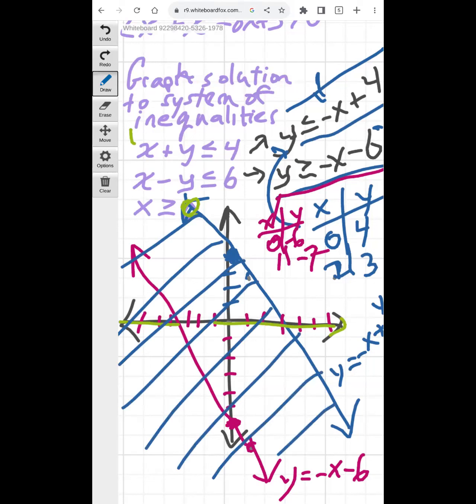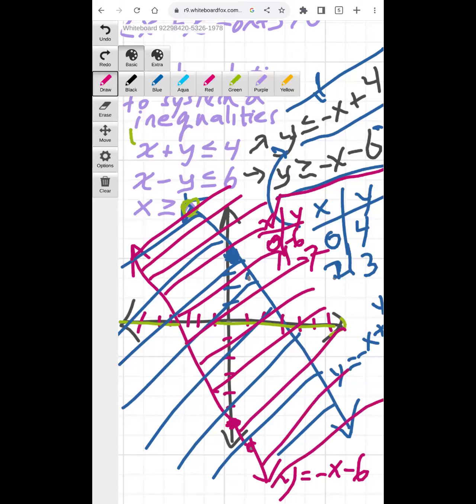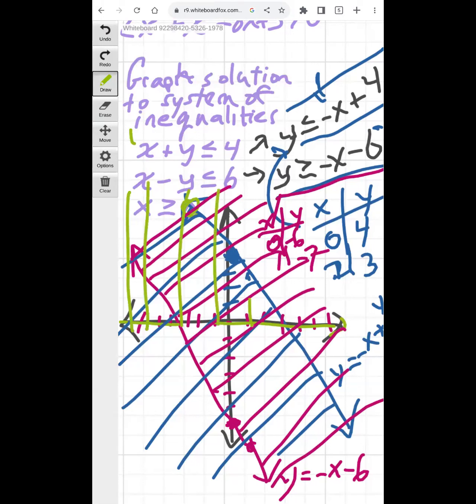And then the next inequality we did in red, and we had y is greater than or equal to negative x minus 6. So for that inequality, we have to shade up and to the right. And then for the final inequality, we have x is greater than or equal to 0. So we have to shade everywhere to the right of the y-axis.